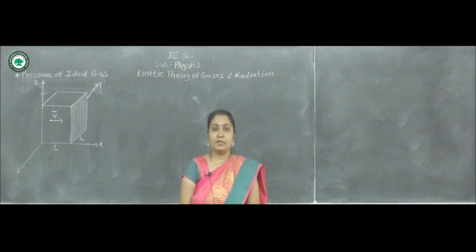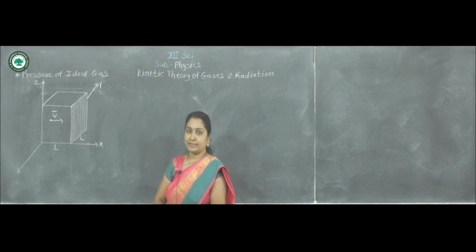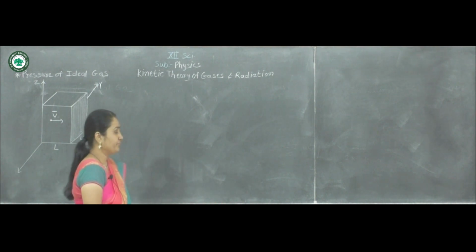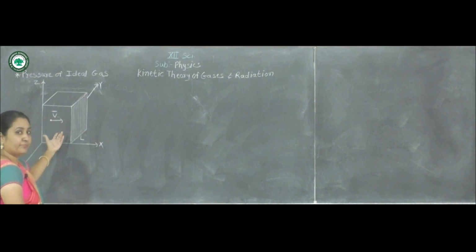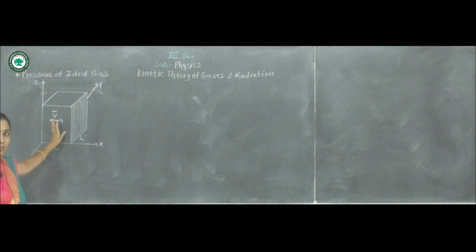Now the next point that we are going to study is the pressure of an ideal gas. Here we have to consider a cubical box. In this cubical box, gas molecules are moving.